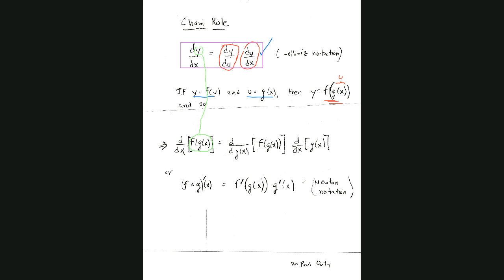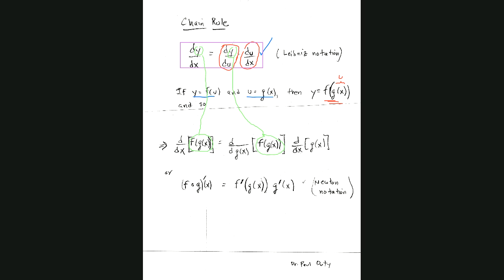Get the parenthesis here. And then on the right side, again, there's the y in dy du, and y is f of g of x. But remember, we're doing du in the denominator.